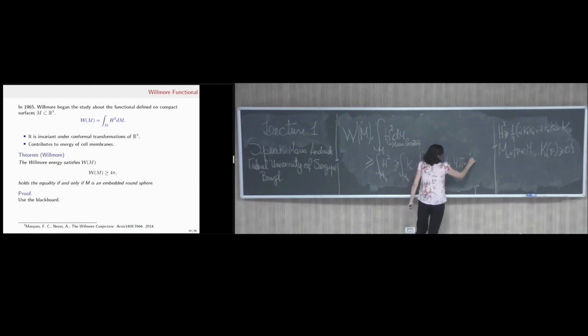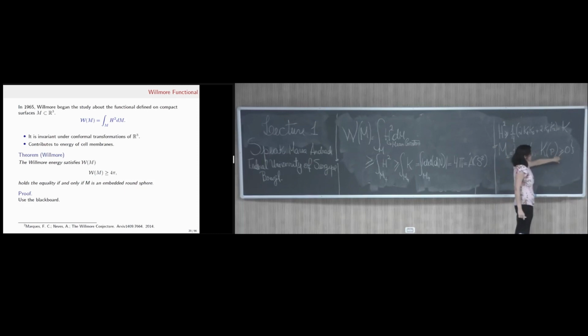Why 4 pi? This is the area of the sphere, because here you have calculated in the set where the Gaussian curvature is bigger than 0, and you can show that the Gaussian application covers all the sphere, okay? So finally you have proved these results.